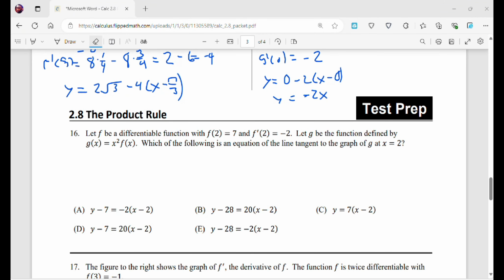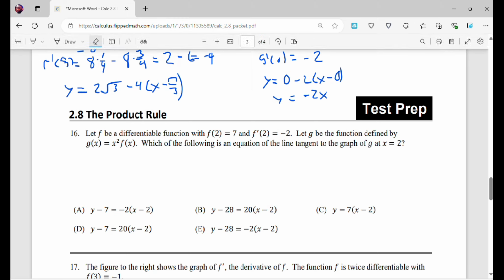Test prep. Let f be a differentiable function with f of 2 equals 7 and f prime of 2 equals negative 2. Let g be the function defined by g of x equals x squared times f of x. Which of the following is an equation of the tangent line to the graph of g at x equals 2?